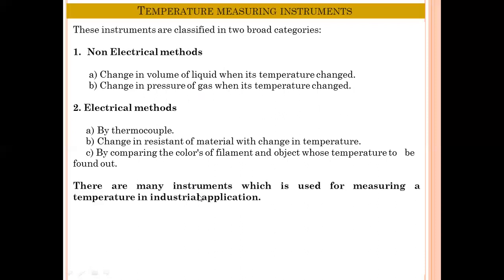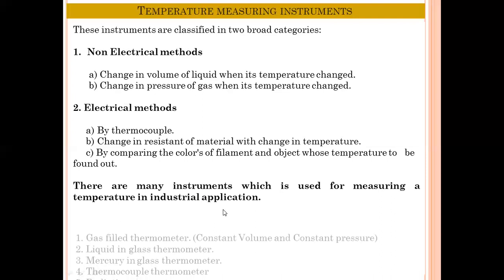But there are many instruments used for temperature measurement in industrial applications. The instruments used for the measurement of ordinary temperature are known as thermometers, whereas the instruments used for high temperature are known as pyrometers.